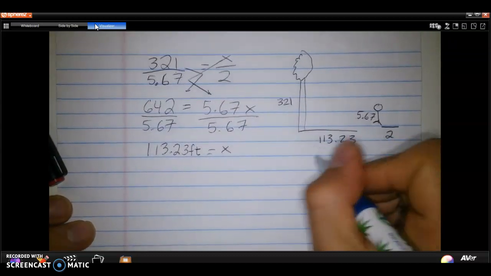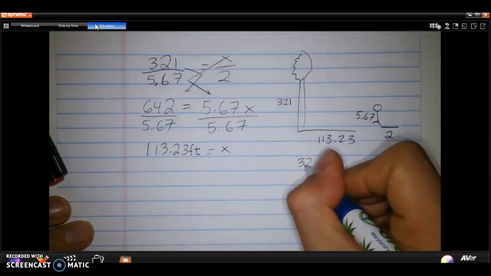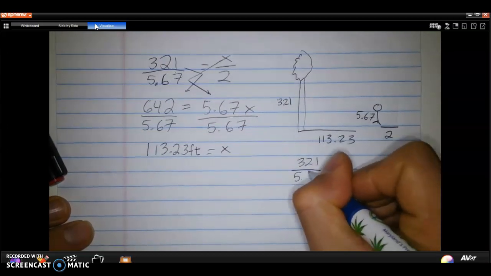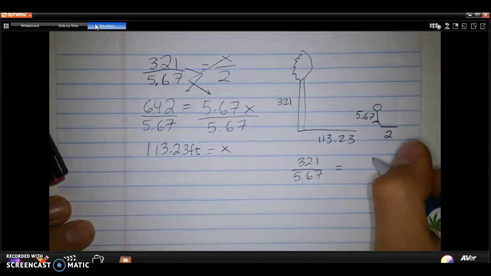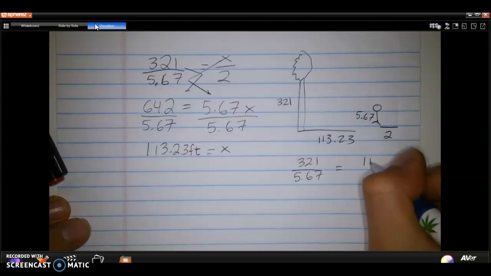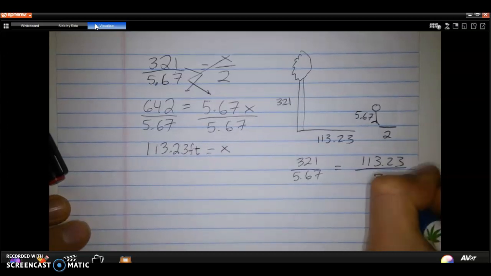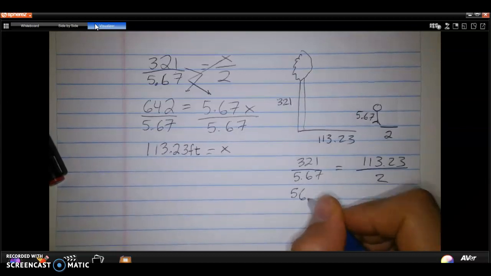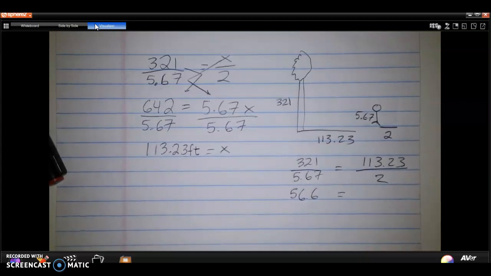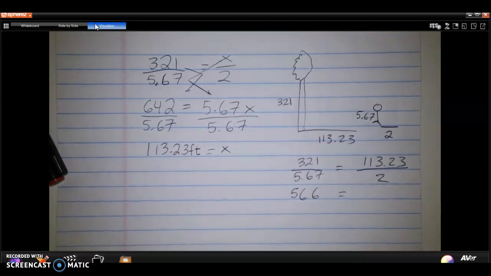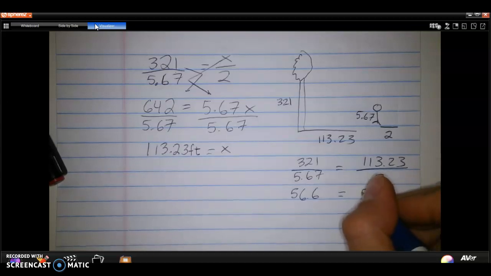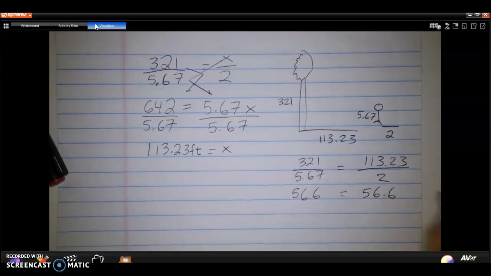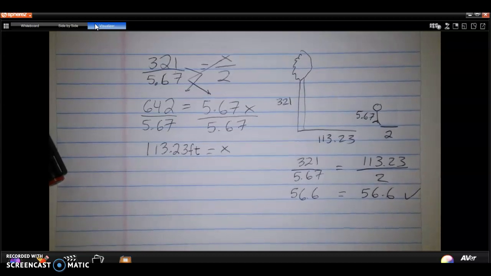So let's check to see if our answer is correct. 321 divided by 5.67, so the heights, and let's see if that is equal to our shadow ratio. This gives me 56.6. 113 divided by 2, 56.6 as well. So you can see that these check out.